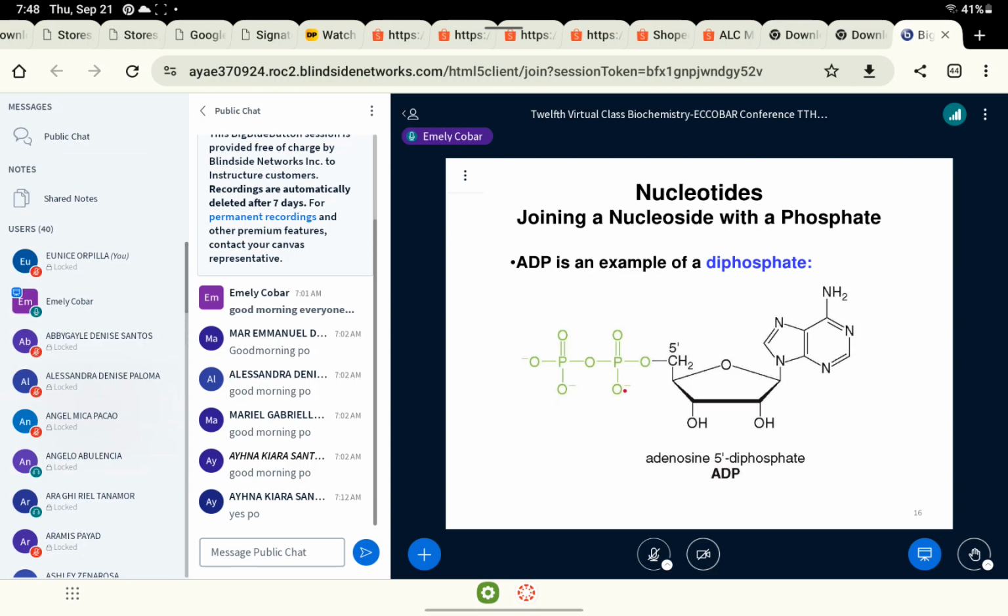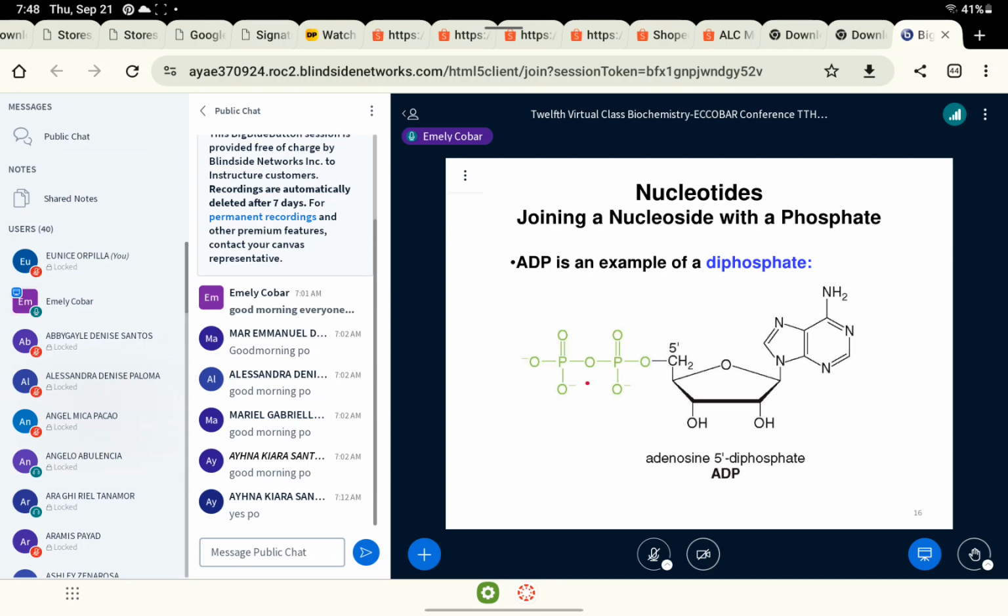ATP and ADP, very common nating nakikita because they can be interconverted to each other. So adding a phosphate to ADP, it becomes ATP. Removing a phosphate group from ATP, it becomes ADP. And so more of that will be discussed pagdating sa last two modules, and they are what we call high energy molecules because breaking the bond here releases a lot of energy.